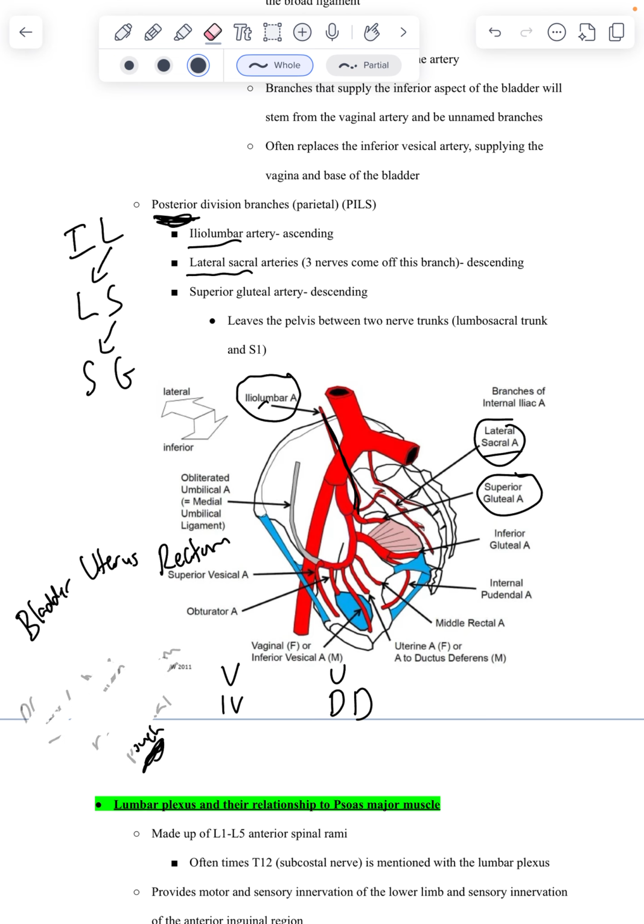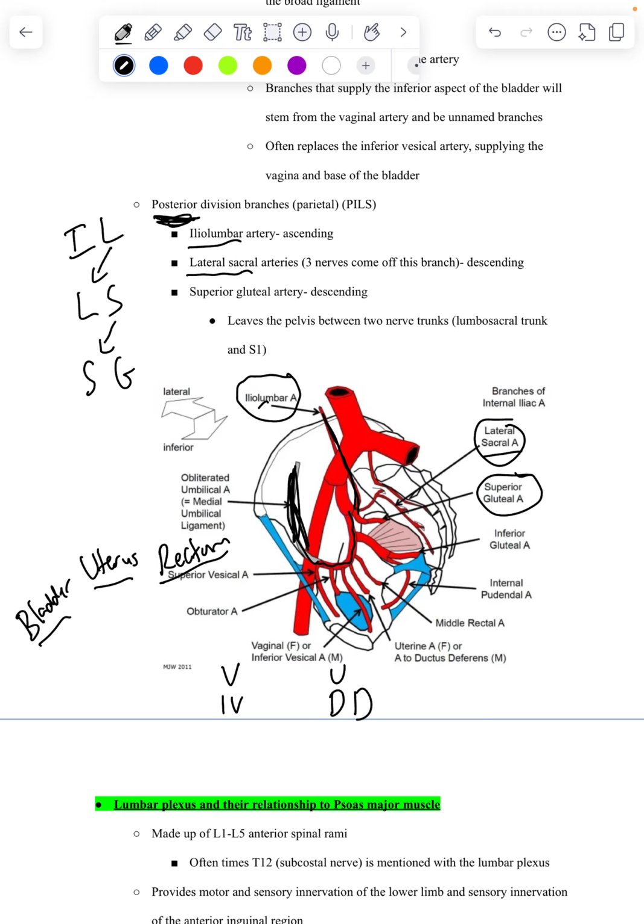So the reason I wanted to explain that is the way I remember the order of these arteries is it goes bladder, then uterus, then rectum. So if you're looking at your anterior branches, this one that doesn't even have a function anymore was your umbilical one. But we don't care about that.